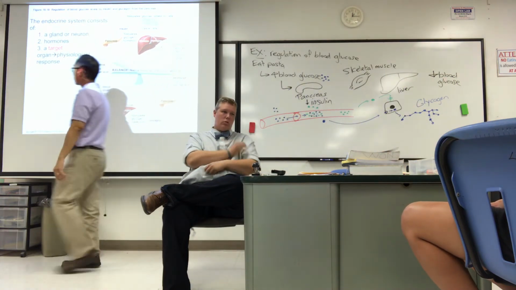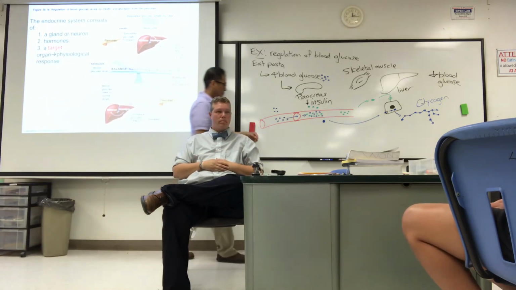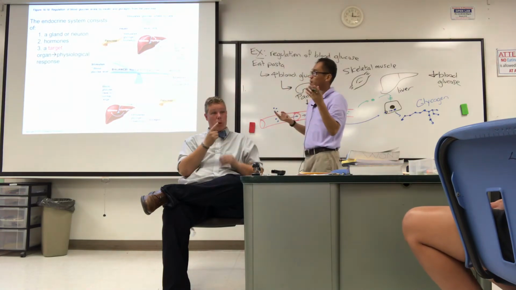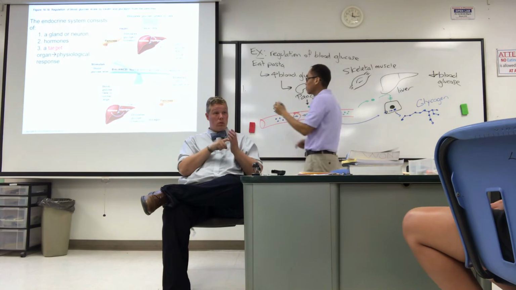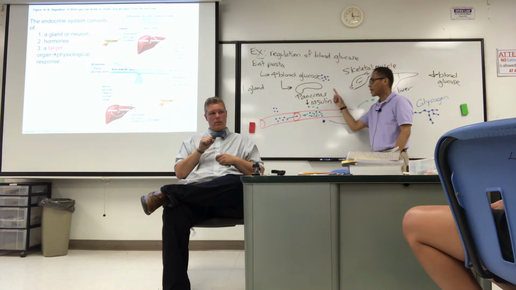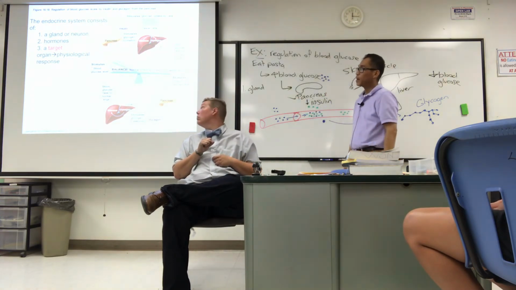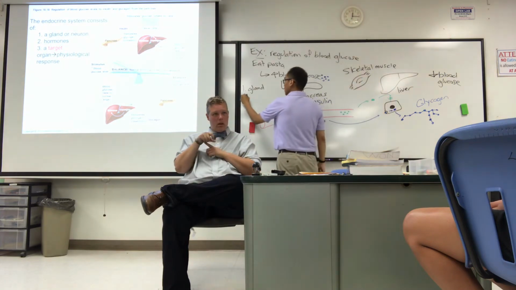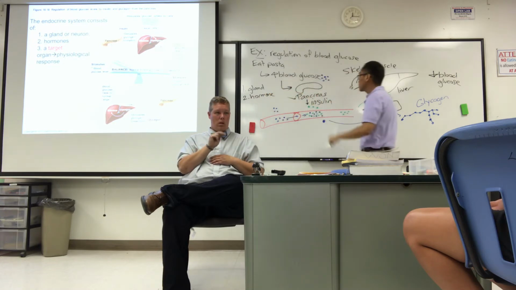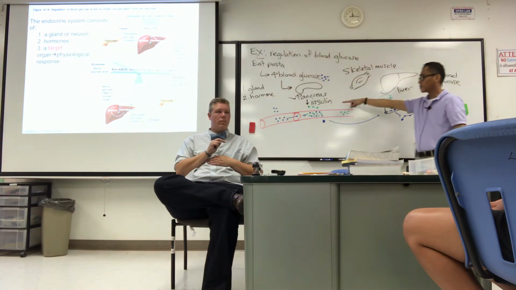So, take inventory of what we did here on my little diagram. I'll write it over here on the side. Number one, we noted the gland: pancreas, check, went through that. We studied the hormone that it secreted: insulin, okay, check.